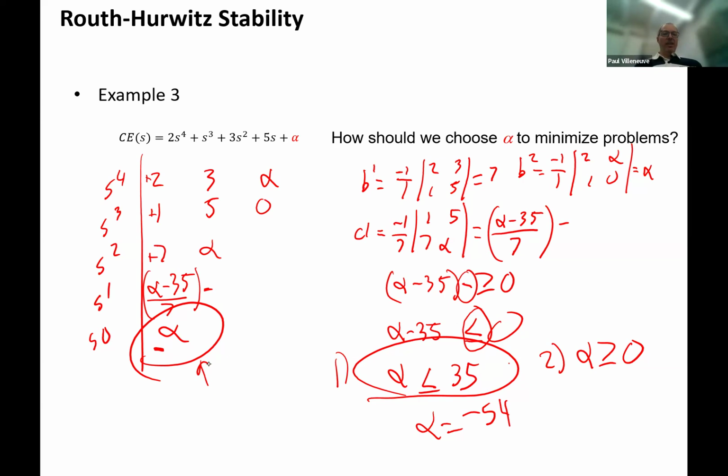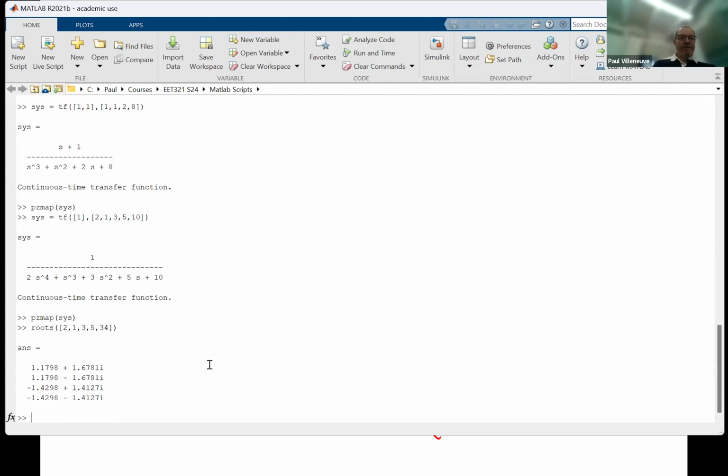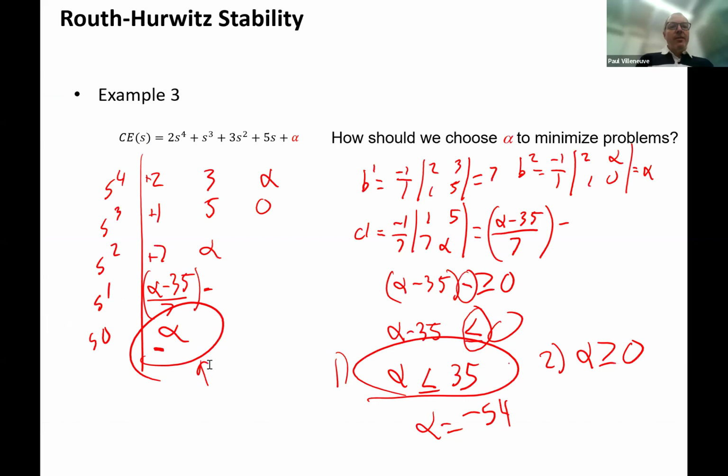Let's go back to our MATLAB, and let's do roots of 2, 1, 3, 5, and let's pick 34. Okay, that's less than 35, right? Whoops, 2, 1, 3, 5, 34.